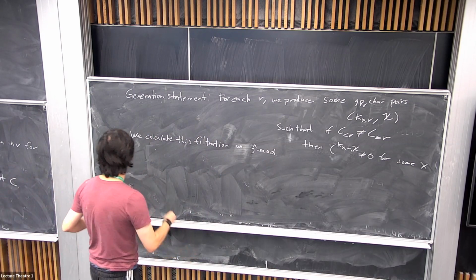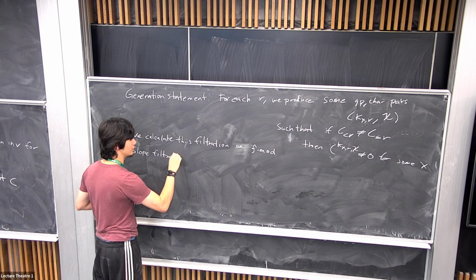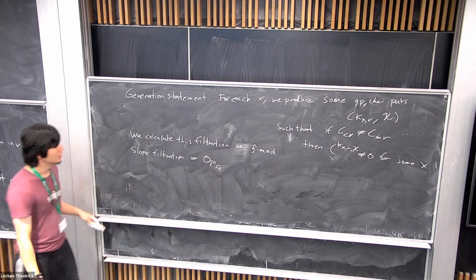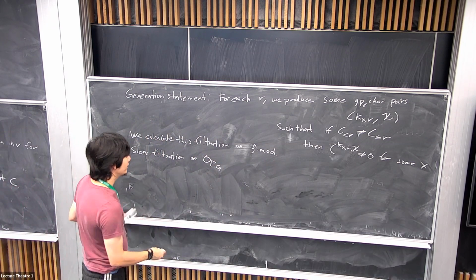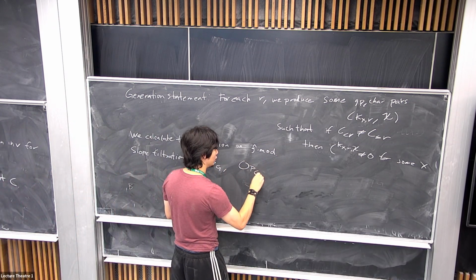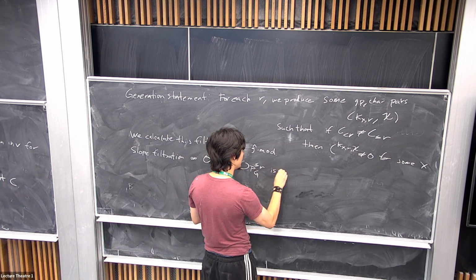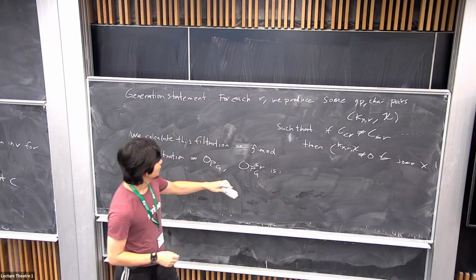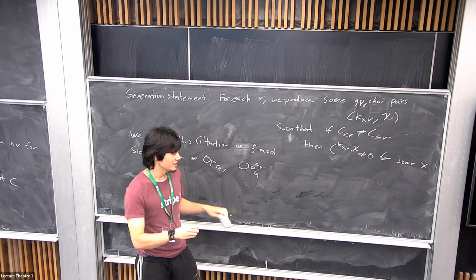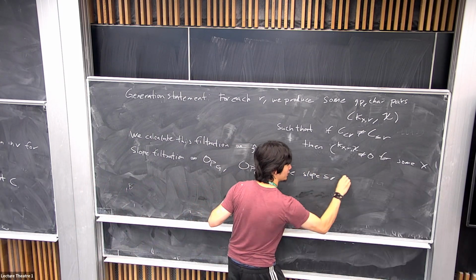In particular, you have a slope filtration on Op_G, so let's say Op_G less than or equal to R is the slope less than or equal to R part.